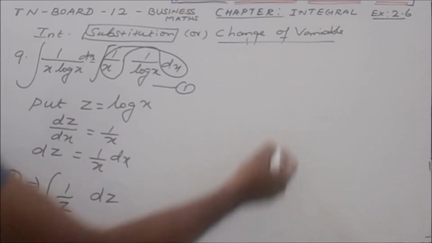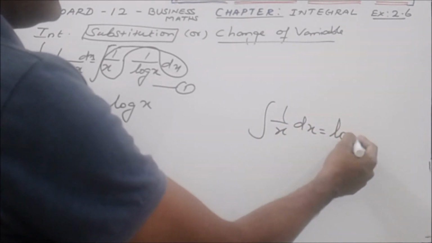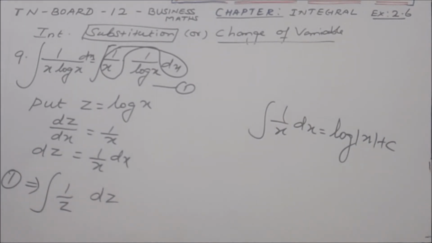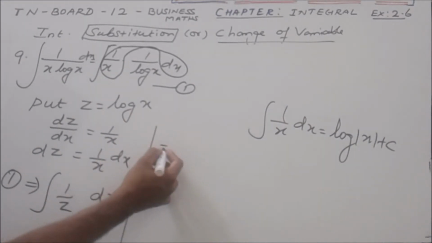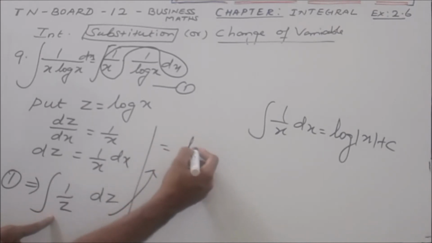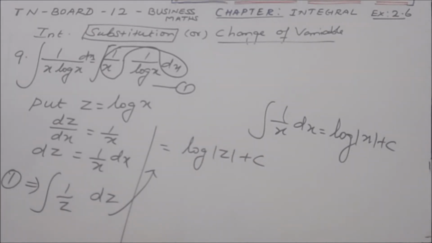Now we have the formula integral 1 by x dx equals log of modulus of x plus c. Moving with that formula, this will be equal to log of modulus of z plus c.